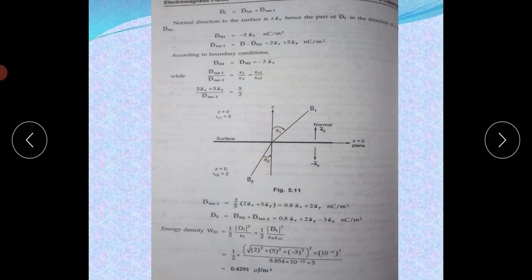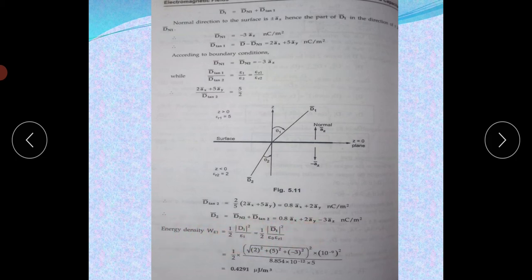So the normal component of electric flux density equals the z component. By using that relation we can write the normal component of electric flux density. Next, by using Dn1, D1 we can find Dtan1. Next, by using the tangential and normal component relations according to boundary conditions we can find Dn2, Dtan2 and finally D2.